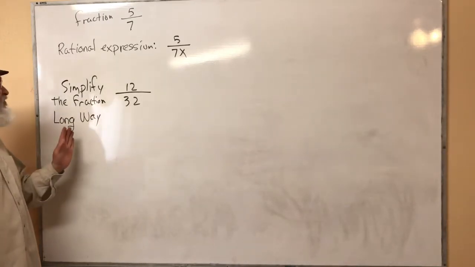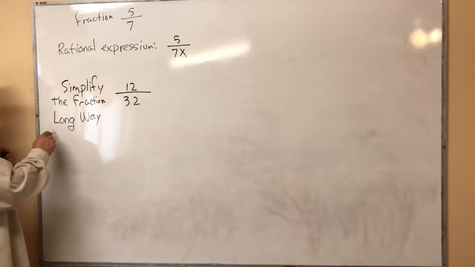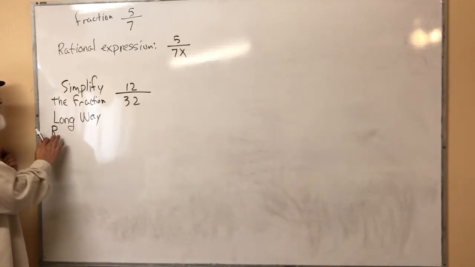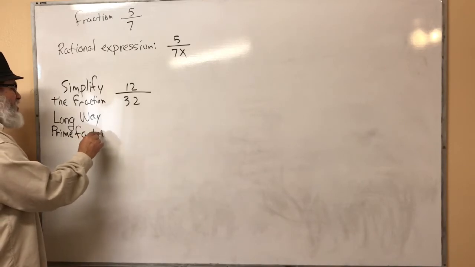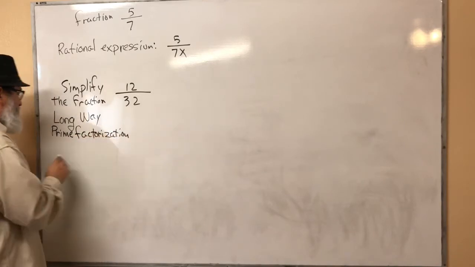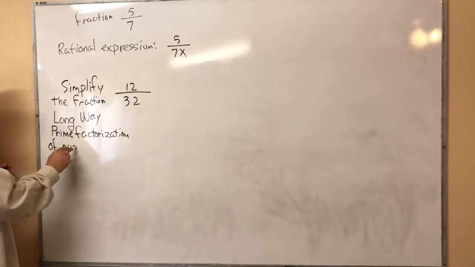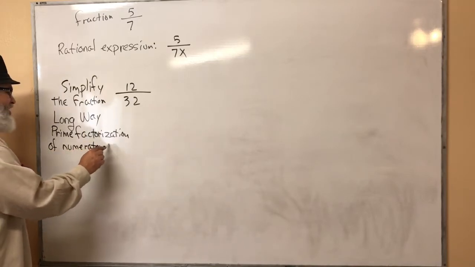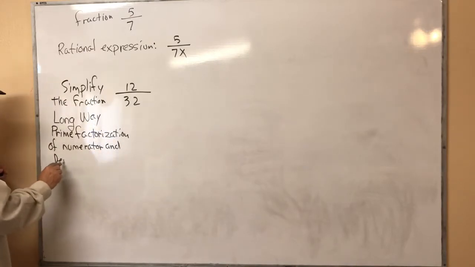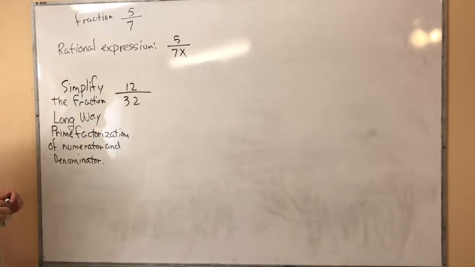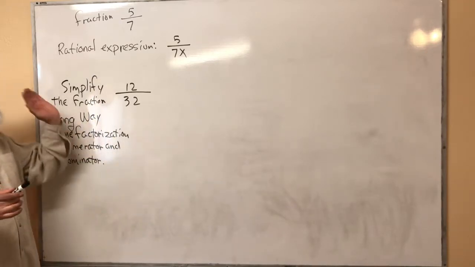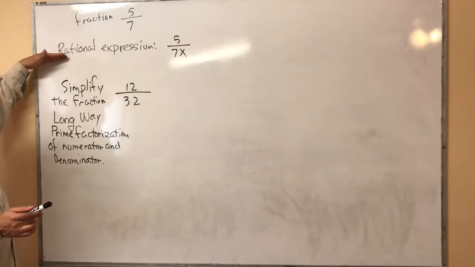The long way is the prime factorization of numerator and denominator. Okay? And that's okay, don't worry about it. We're going to learn from this to simplify rational expressions.